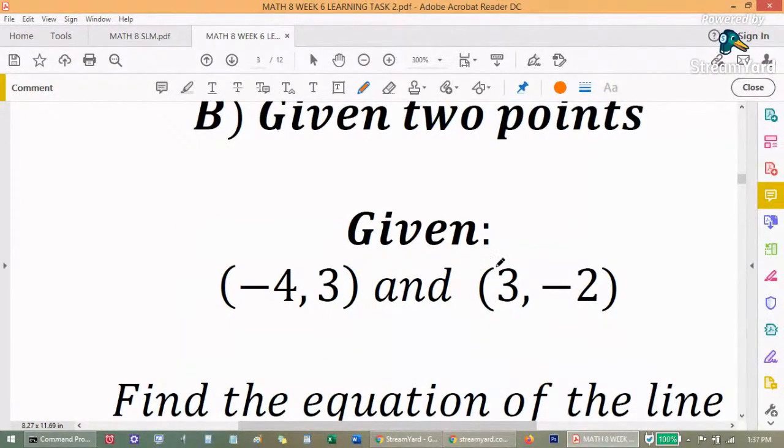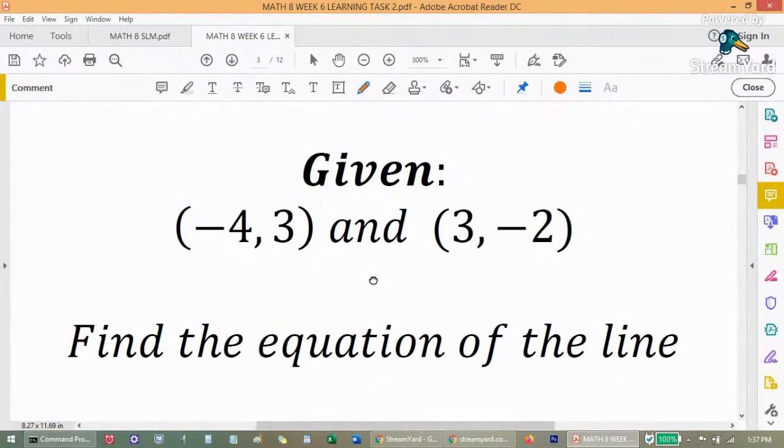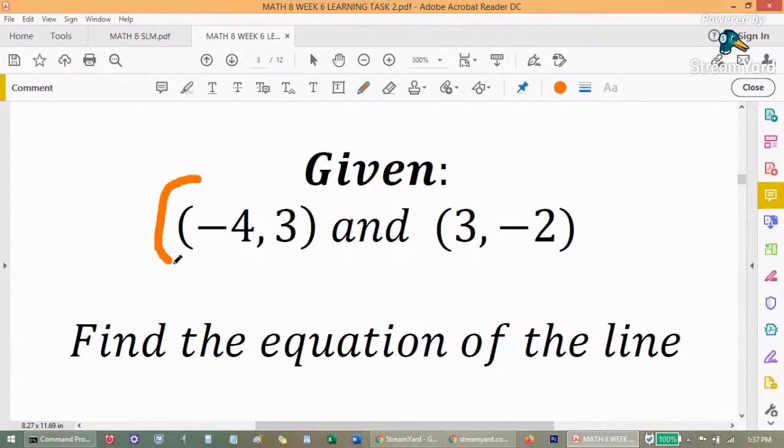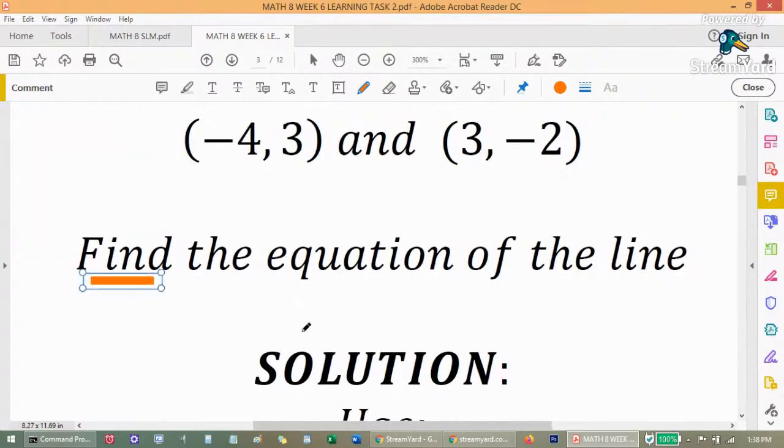Okay, dalawang points, no? The first point is negative 4 and 3. This is x. This is y. No? And dito naman is 3, negative 2. So pinapahanap sa atin, find the equation of the line.